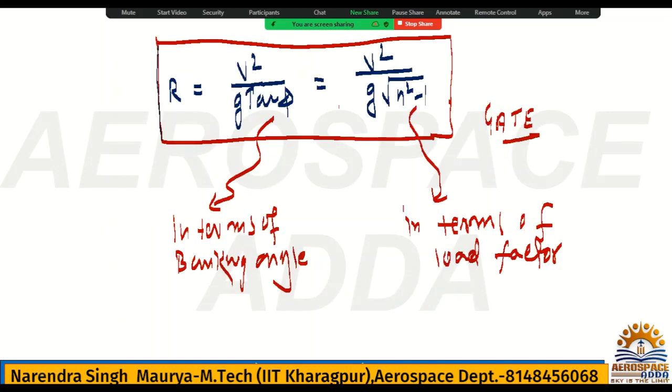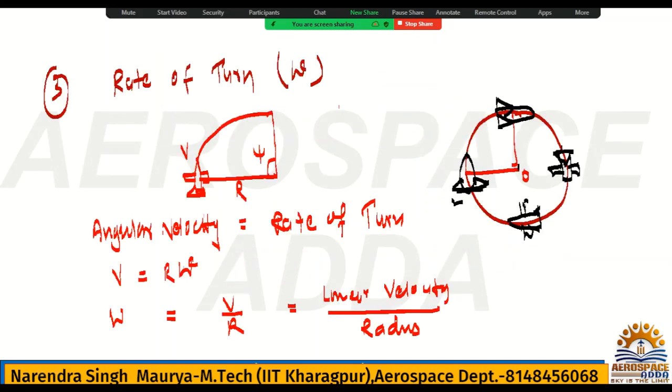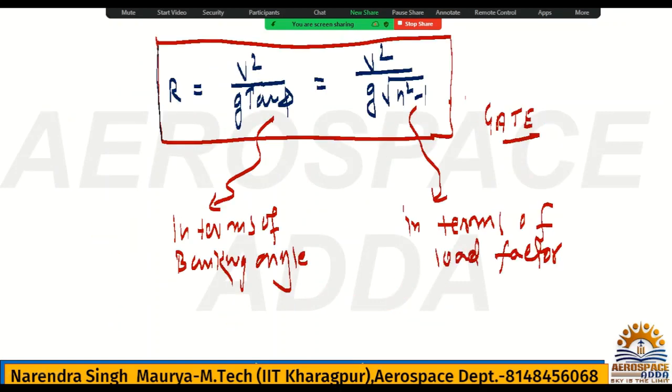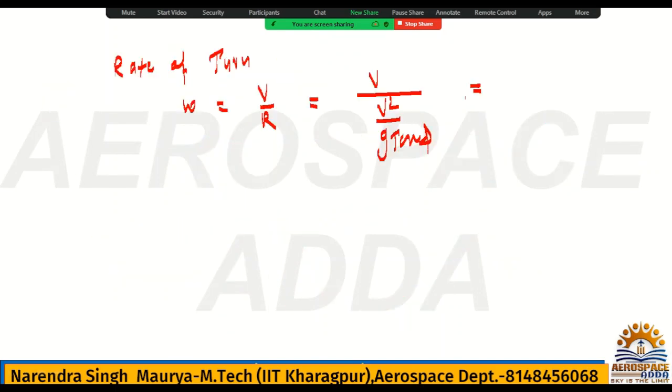Just now you calculated r: V square by g tan phi. In terms of n, this is the formula.